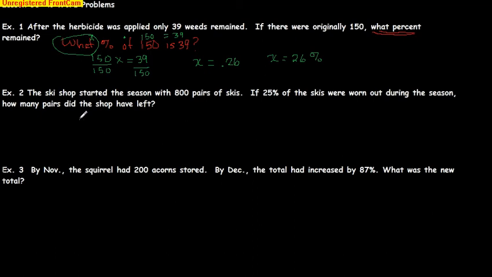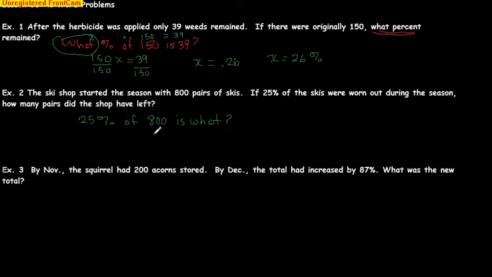25% of 800 is what? Once you write that down in simple words, then it should be easy to translate into algebra.